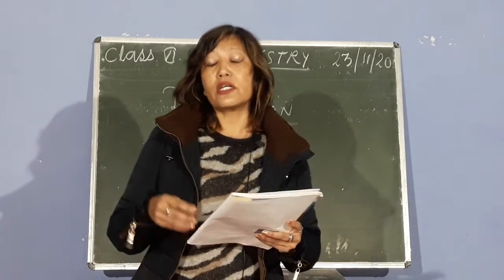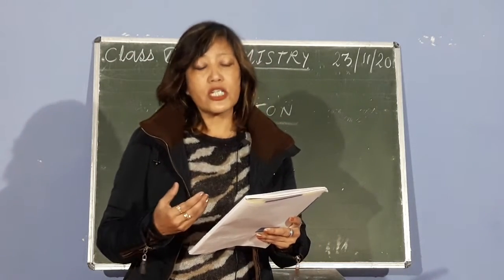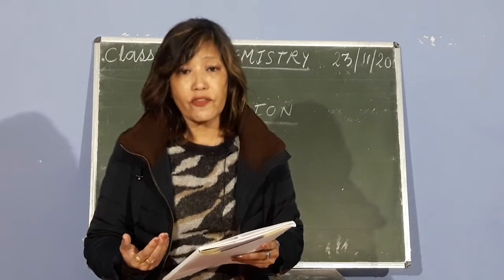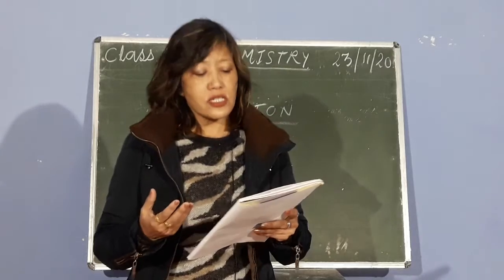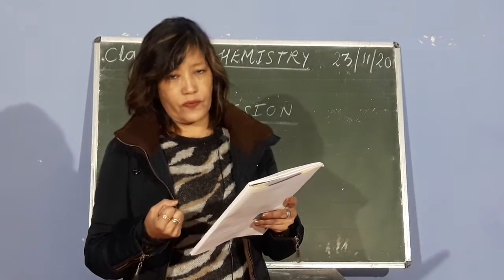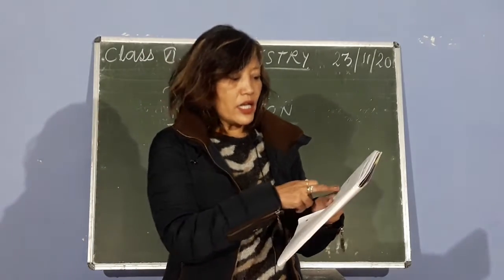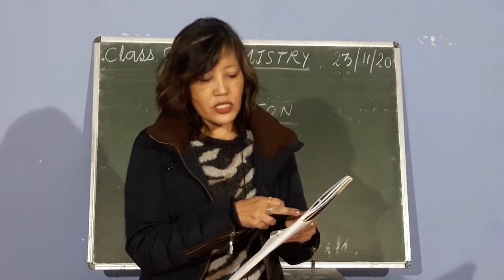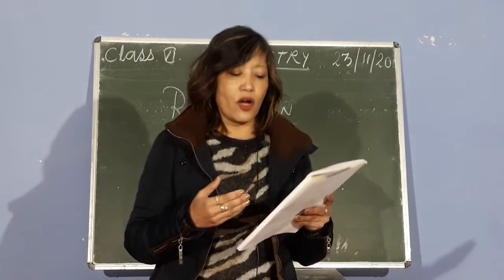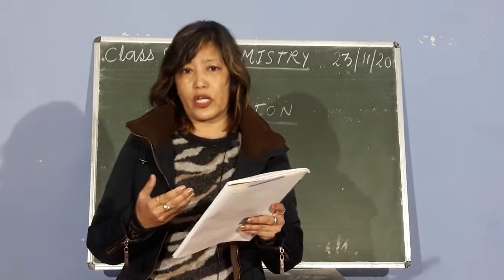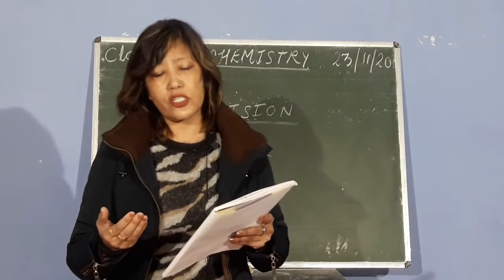Now if you see the constituent of air, then the main constituent of air are oxygen and nitrogen, okay? So here in the option you can see oxygen and nitrogen also, but the question is asking you to find out the major constituent. So which one is the major constituent?